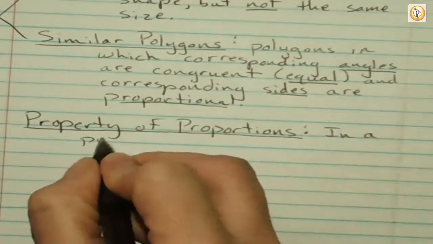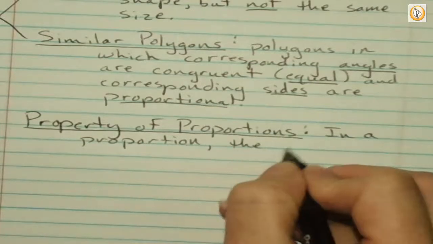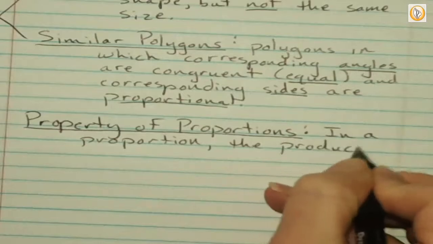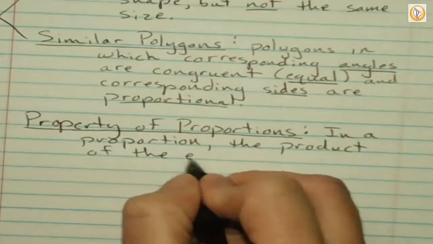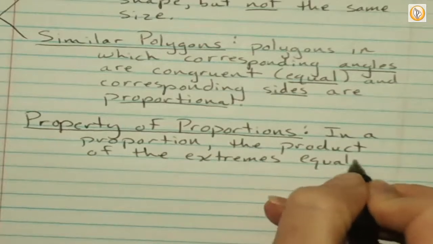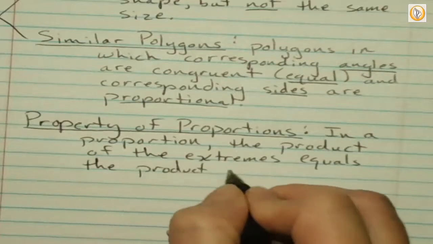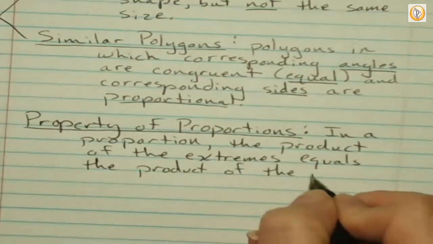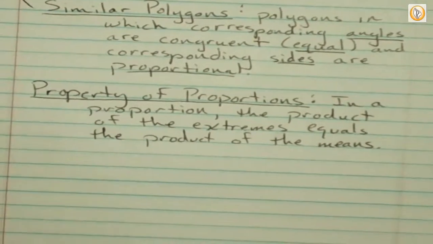In a proportion, the product of the extremes equals the product of the means. That's the definition. Property of proportions. In a proportion, the product of the extremes equals the product of the means.